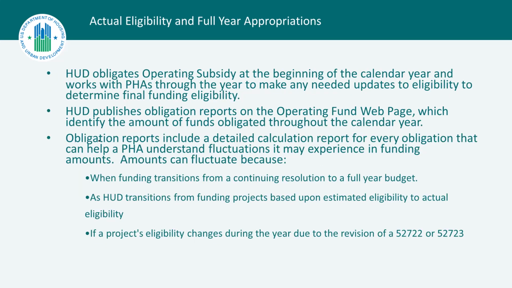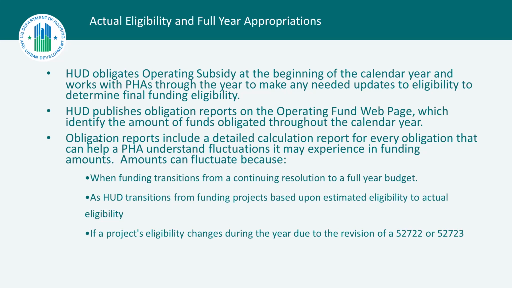As mentioned earlier, HUD will obligate operating subsidy based on estimates at the beginning of the calendar year and continue to work with PHAs to determine final eligibility throughout the remainder of the calendar year. HUD publishes obligation reports on the OpFund website as funds are obligated.